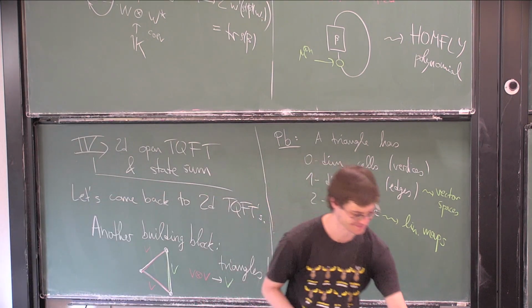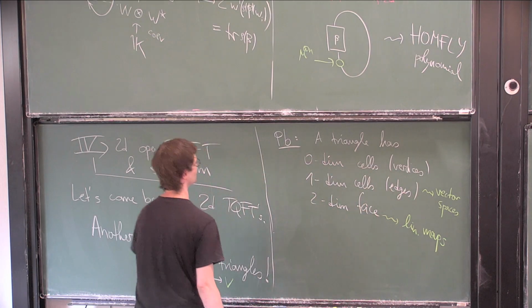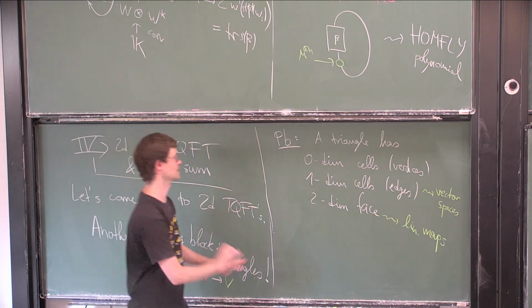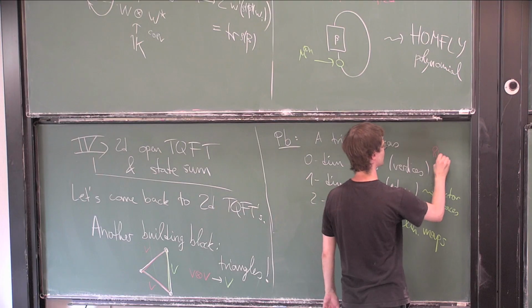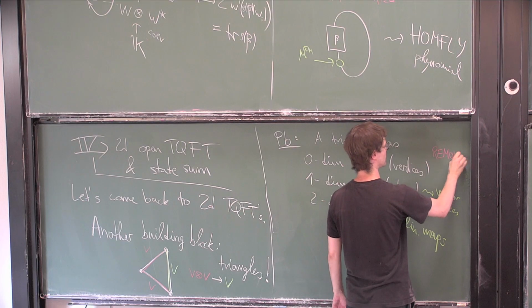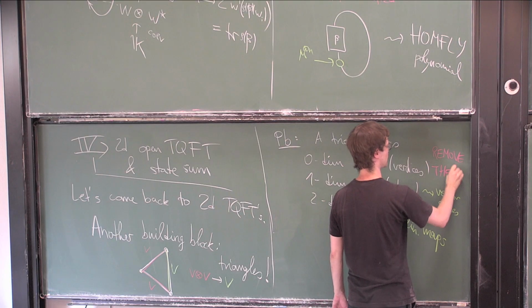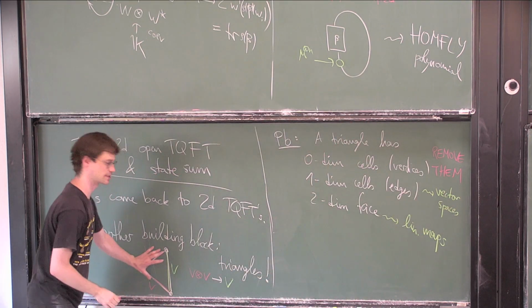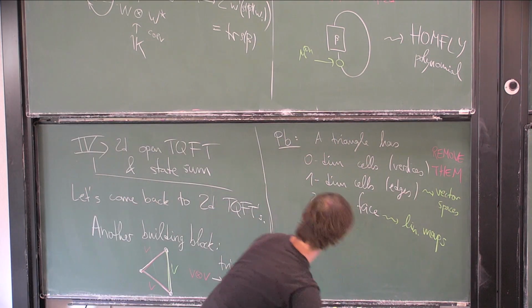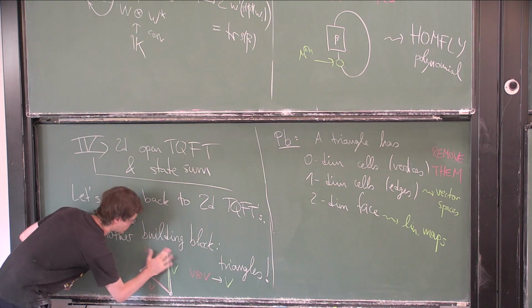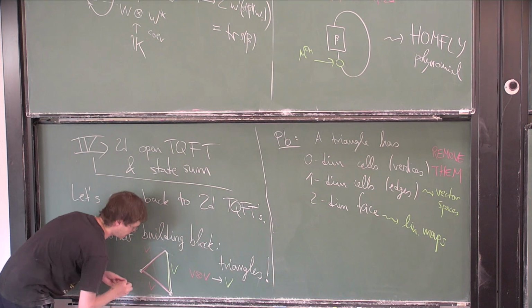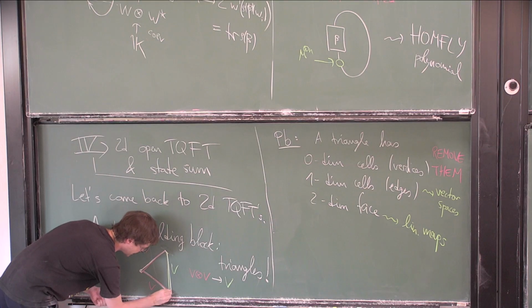Scalars? No, it's radical. We just remove them. Just remove them. So in this picture, maybe I should actually draw it like this. I'm not considering them. They are off.